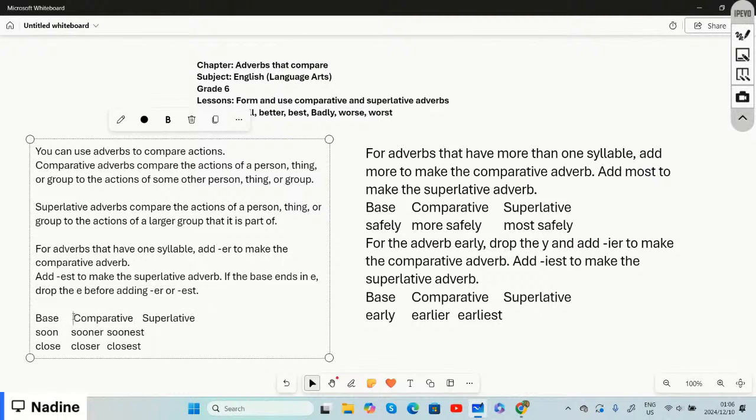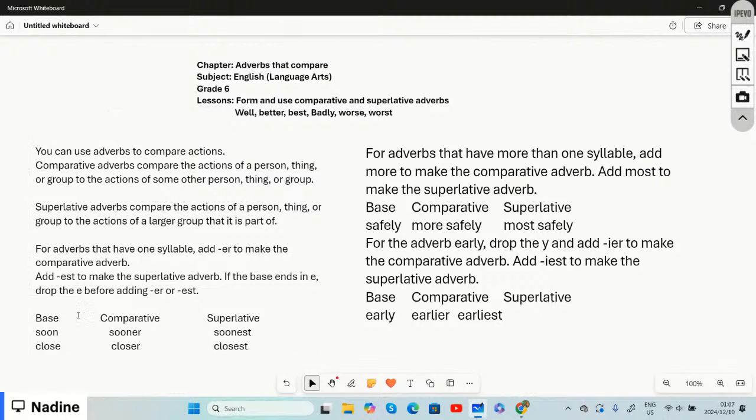And then the lesson that we are going to be focusing on under the chapter of adverbs that compare is to form and use comparative and superlative adverbs. And well, better, best, badly, worse, worst.